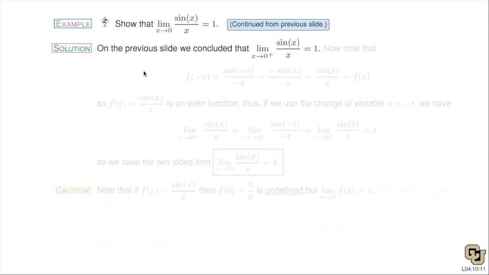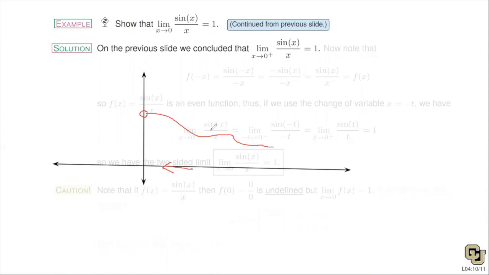So here, let me do a geometric justification now. So look, what we've established is our function, when it approaches 0, so we're taking a limit approaching 0 from the right. I don't know what the graph is, but I know that as we get closer and closer to 0, the function is approaching 1. This is the number 1. And we will be able to show that this function is an even function.